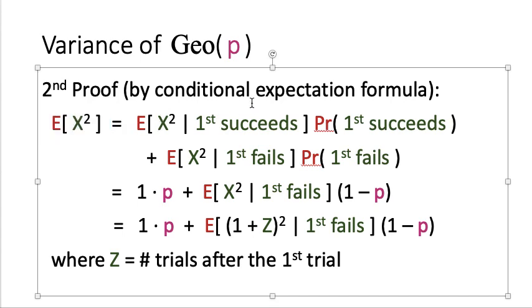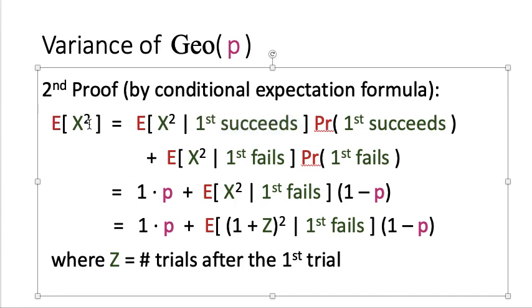Now by the conditional expectation formula, let us divide the whole sample space into two different cases that are disjoint. The first one is that the first flip, or the first trial, is successful. I'm saying "first succeeds" to represent this case, and the other case is that the first trial fails.